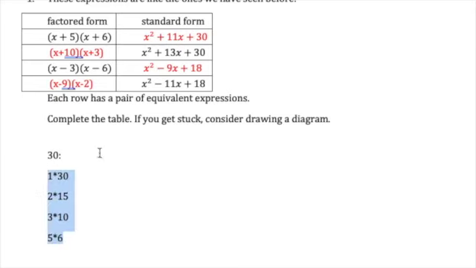Which of those 4 pairs adds up to 13? The answer is 3 and 10, my lucky winner. So that's how I know my factored form expression must be x plus 10 times x plus 3.